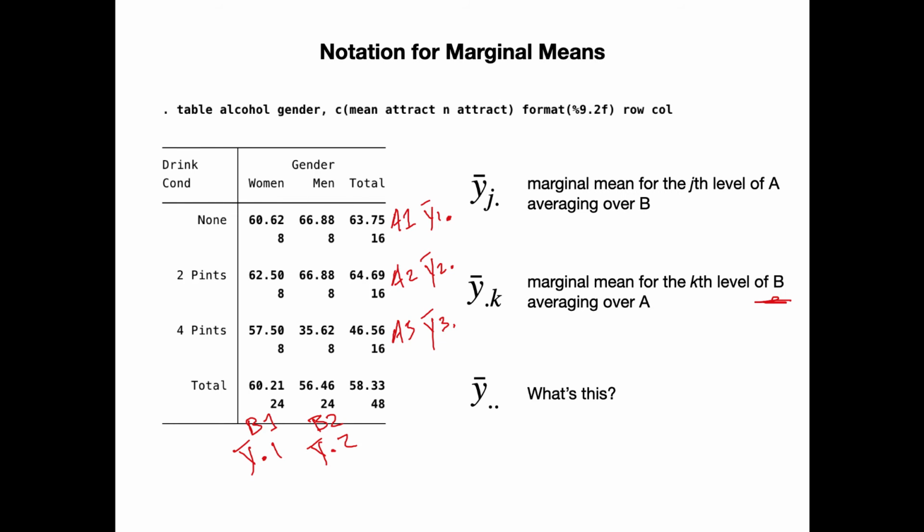Then this last one, Y dot dot, means we've averaged over both A and B. That's called the grand mean. The grand mean is what it sounds like, kind of. It's the mean of all means, and it encompasses everything in this instance. So that's what Y dot dot means.